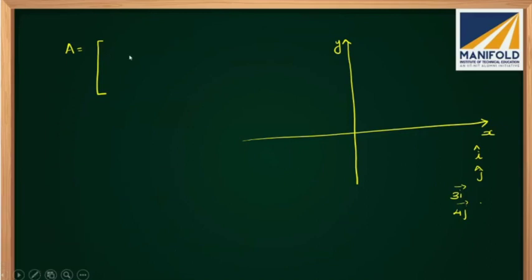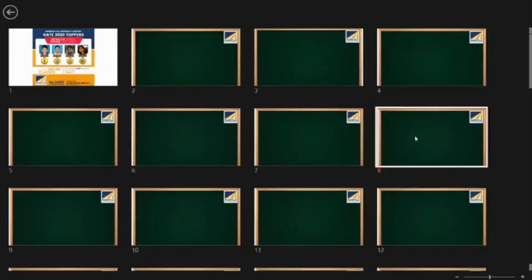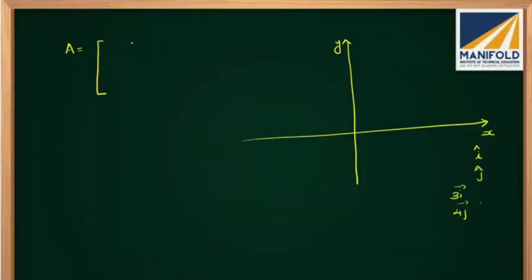Let's consider a column vector with entries A and B. From now onwards, when we see a column vector A, B, it should give an image in our mind from this particular plane, where I move A units in the X direction and B units in the Y direction.